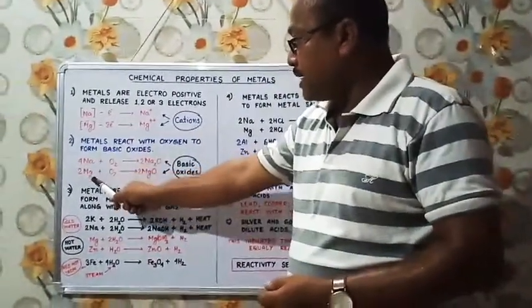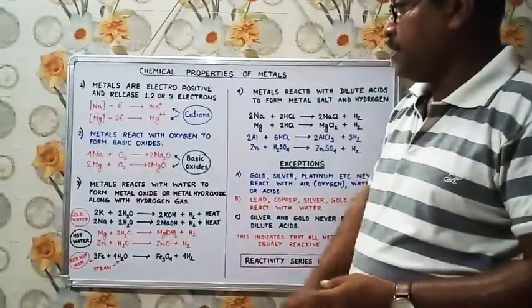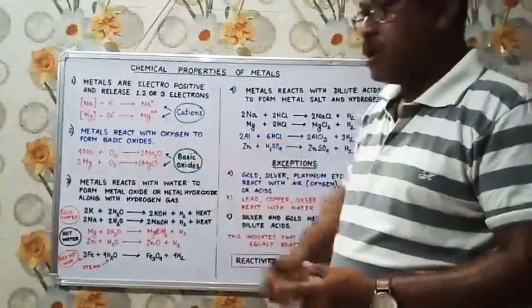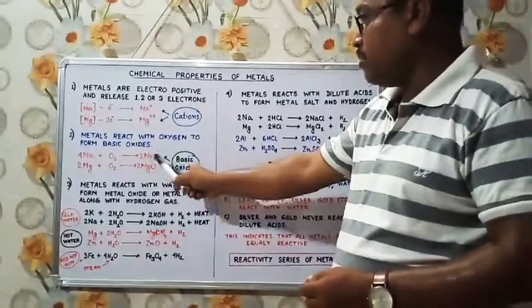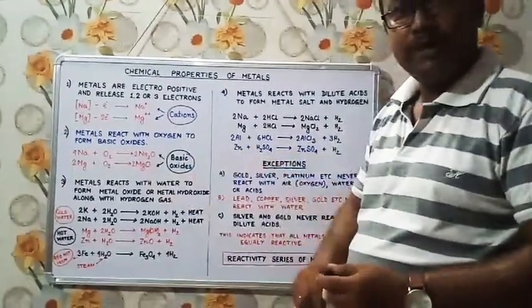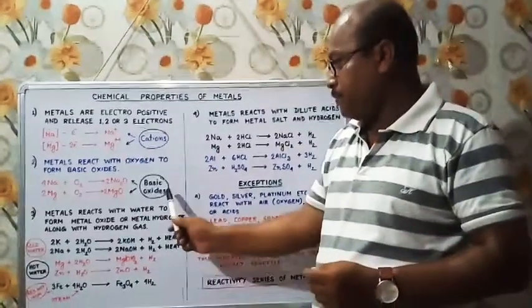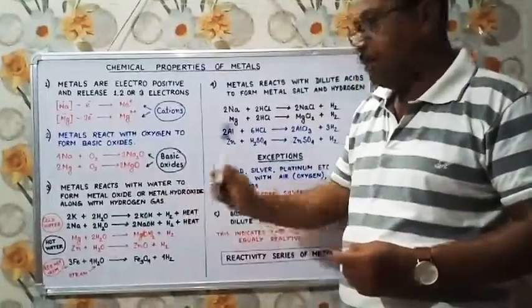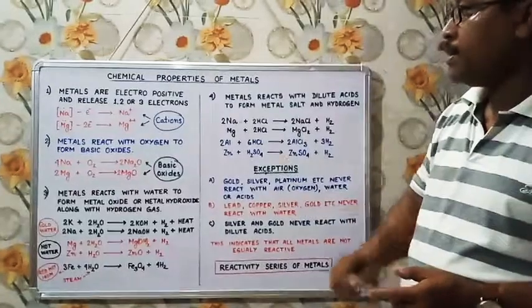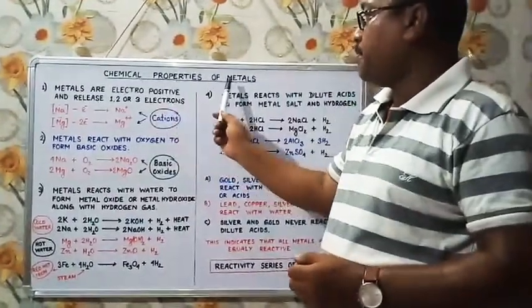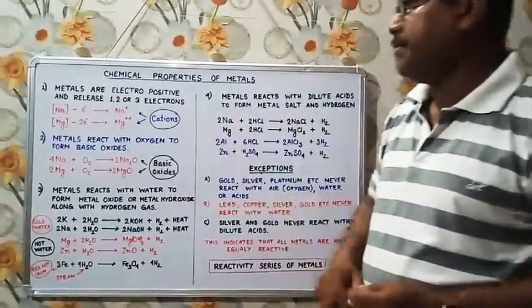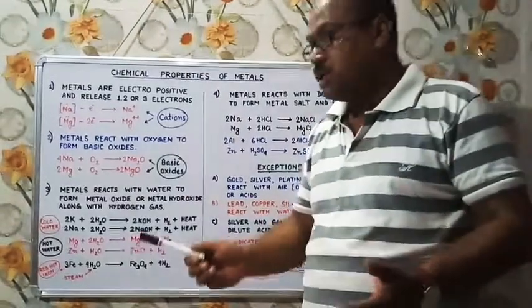So we can see the metals like sodium and magnesium are reacting with oxygen and producing sodium oxide and magnesium oxide respectively, and both these metallic oxides are basic oxides.